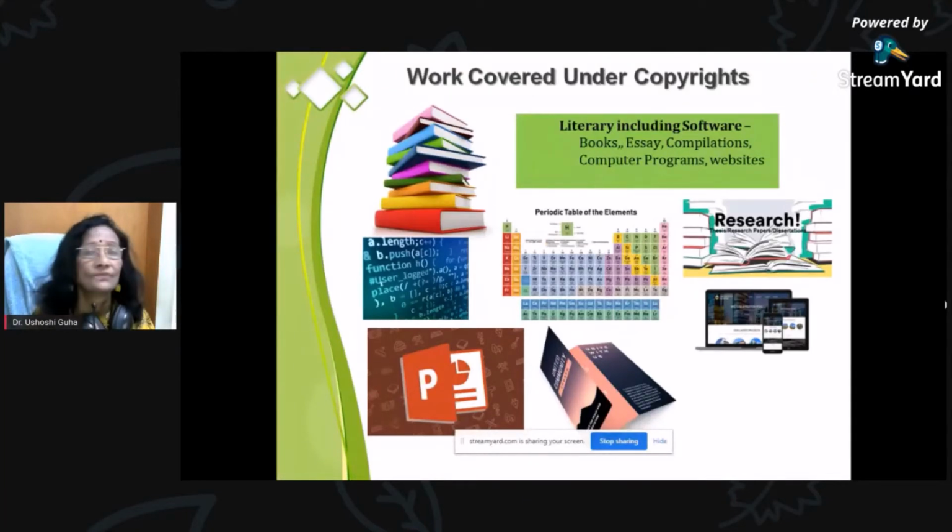We develop, we produce, even in research, while we write essays and research papers, we make haste in sending the research papers to the particular publisher or research authorities. We forget to copyright. My very humble suggestion to all of you is that as soon as some research material is developed and written out, please copyright it.